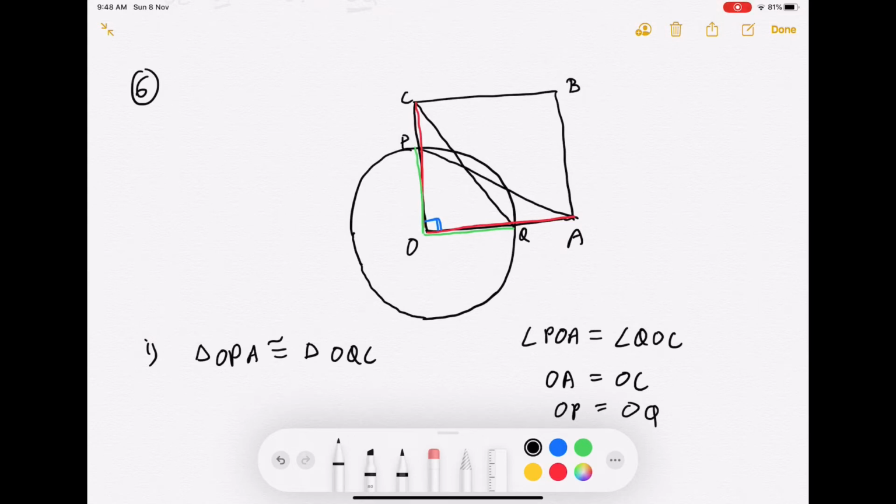So we have a side, angle and a side which are equal, right? So if I just focus on triangle OPA, this side OP, this angle, and this side OA, these are the three corresponding sides and angles which are equal to the other triangle. So using SAS congruency, I can say that triangle OPA is congruent to triangle OQC.